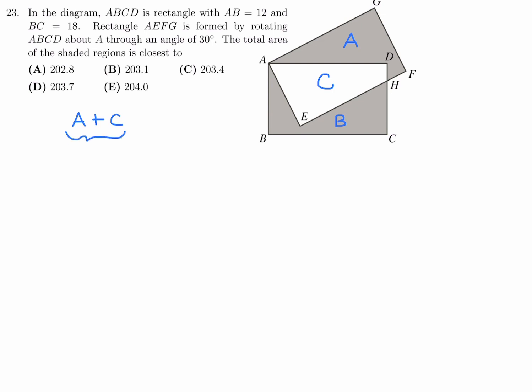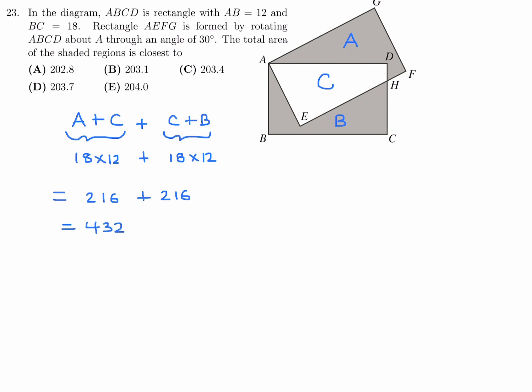In terms of area, since the dimensions are 18 and 12, it is 18 times 12. If you add C plus B, that also represents the area of the rectangle, so 18 times 12 again. That is 216 plus 216, which is 432.